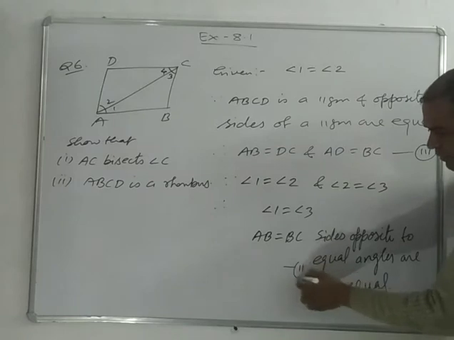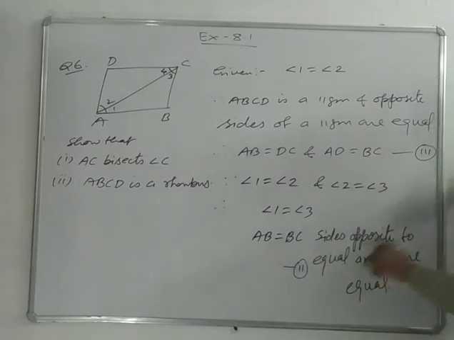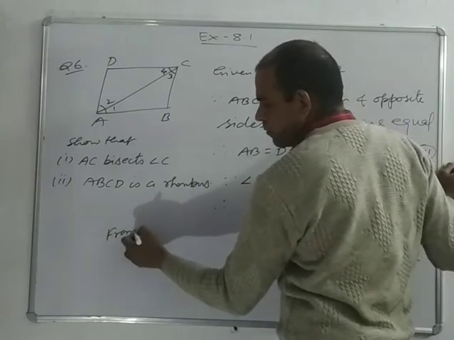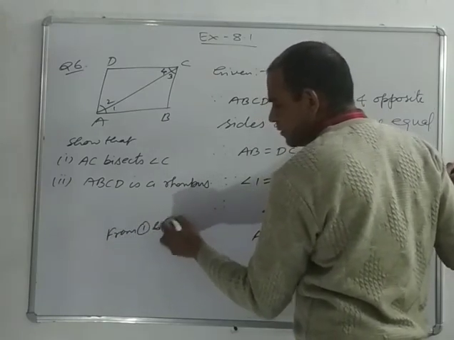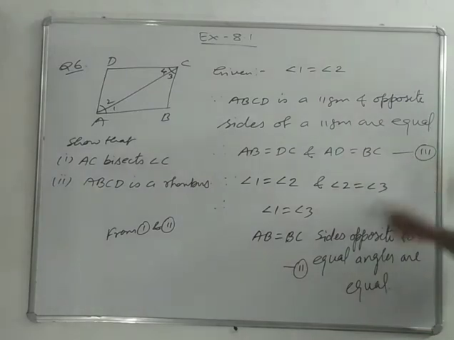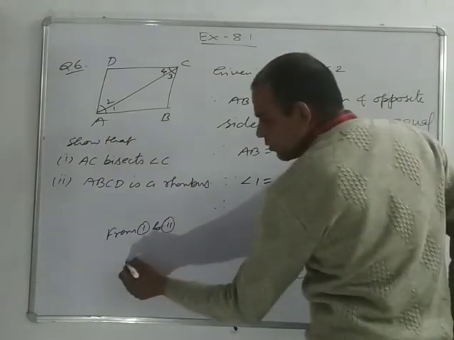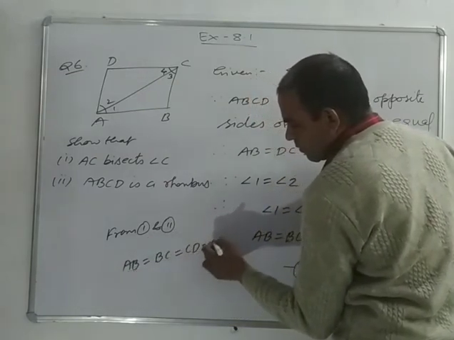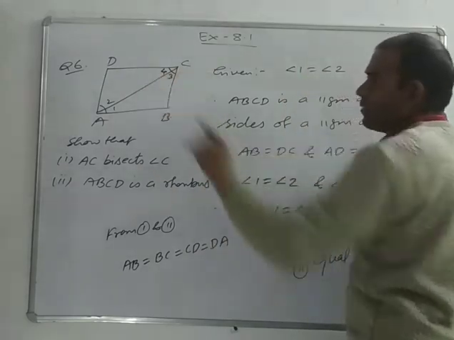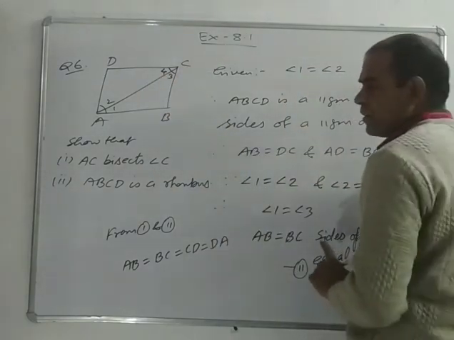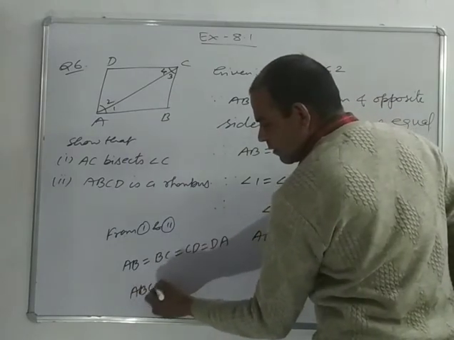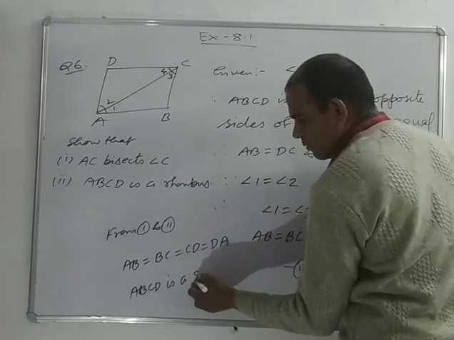That is the equation fourth. And from first and second, that is equation first and equation second, both sides are equal. Here all sides are equal and it is a parallelogram. So ABCD is a rhombus.